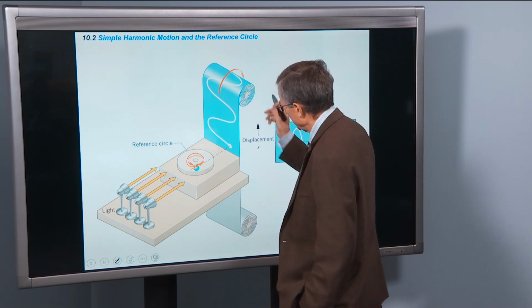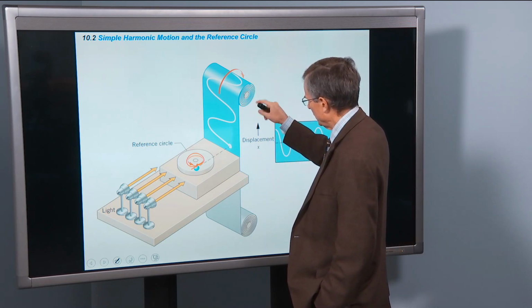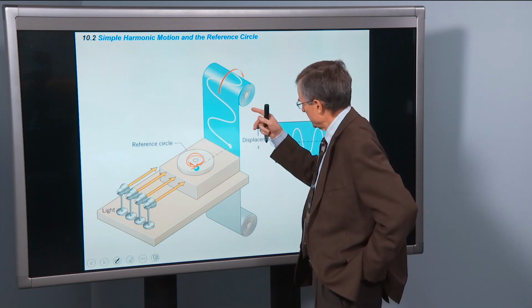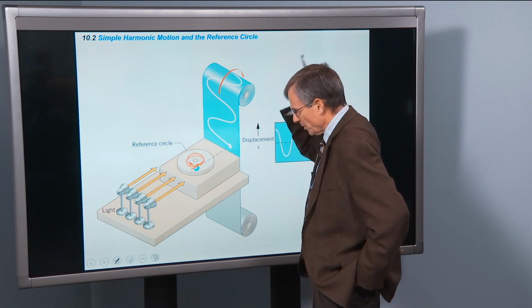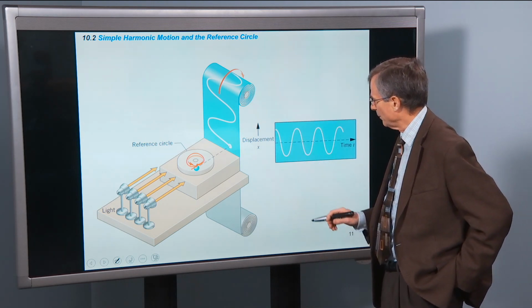And if we use an old-fashioned strip chart, where you're rotating a spool of paper, then you can inscribe the motion.